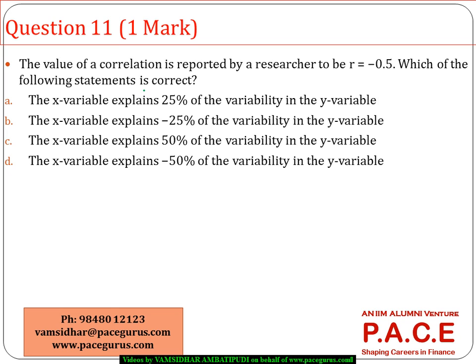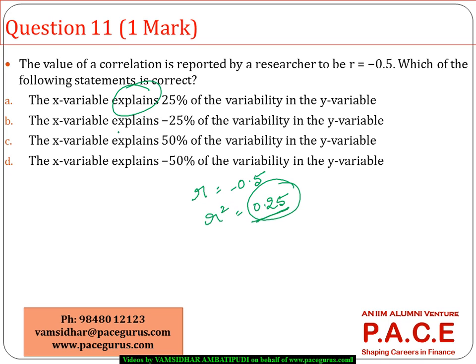Right. The value of the correlation is reported by a researcher to be R equal to minus 0.5. Which of the following statements is correct? Whenever we are talking about the explanation part, we are more interested in R squared. So R squared is 0.25, which means the proportion of the variability in the y variable that is explained by the x variable.